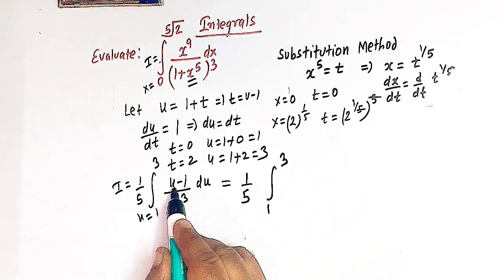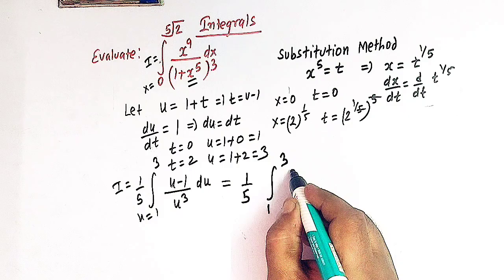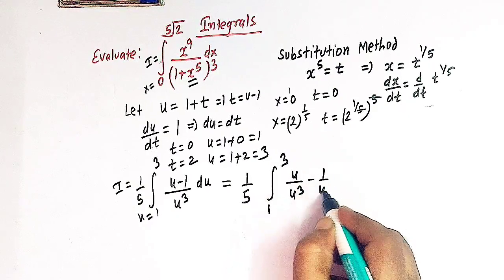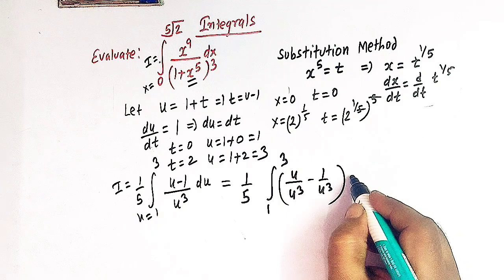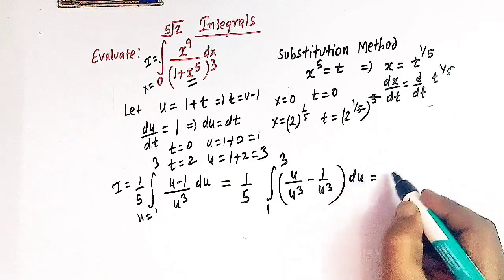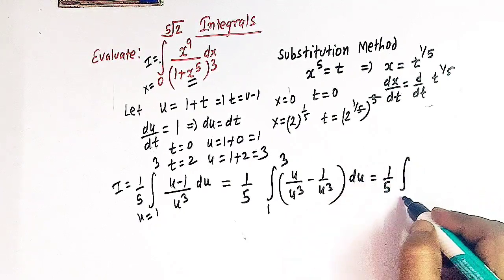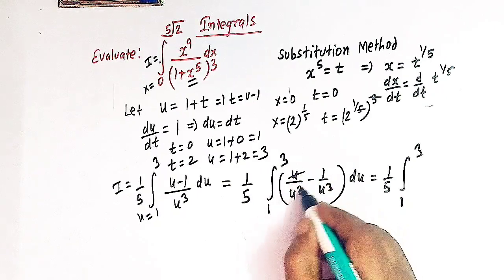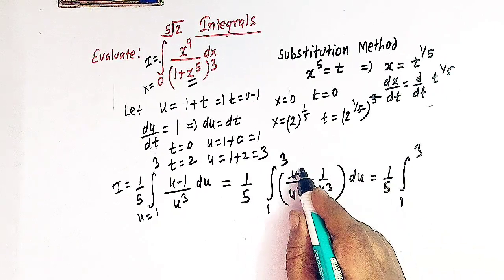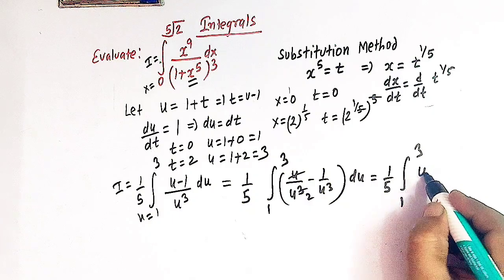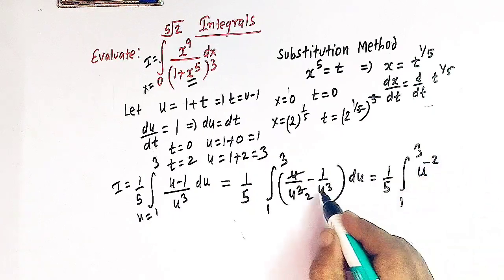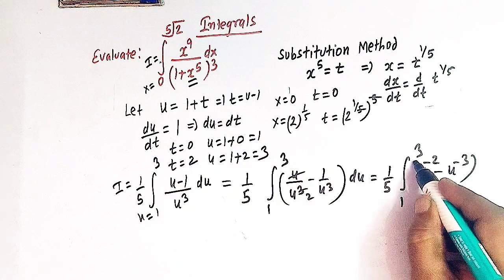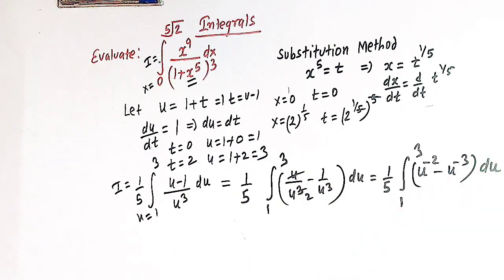Now we can separate these two terms by writing u over u cube minus 1 over u cube du. So now we can write 1 over 5, integral from 1 to 3, and here u gets cancelled, and we have 1 over u square, which can be written as u raised to minus 2, minus u raised to minus 3, du.